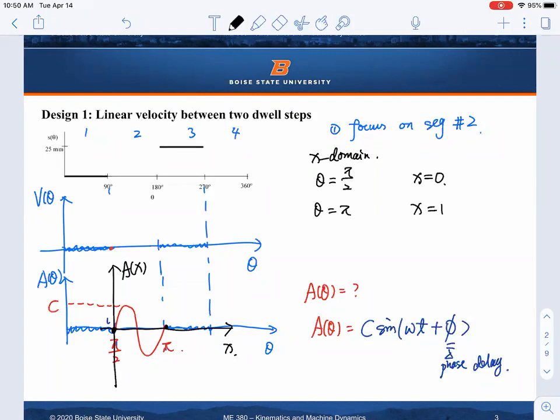Let me write it out in this way: that's your theta domain and x domain. Between x and theta, all the intermediate steps are a linear transformation. That means we're stretching your x coordinates linearly.